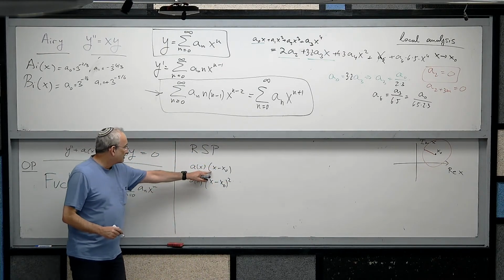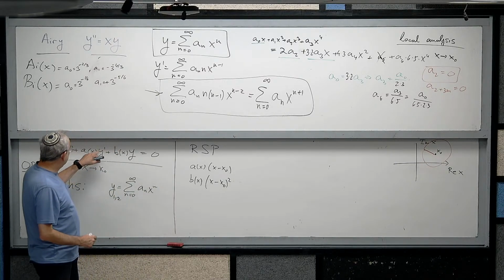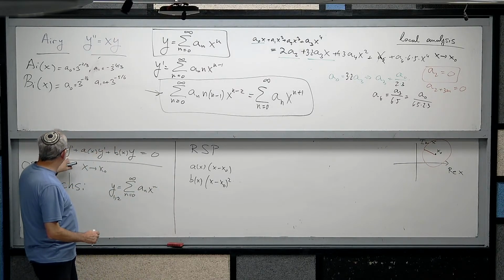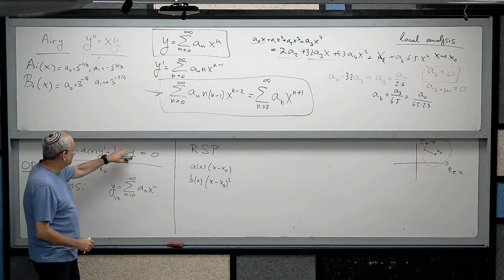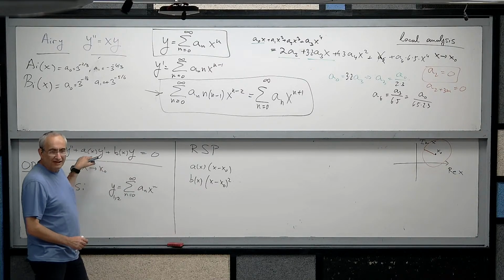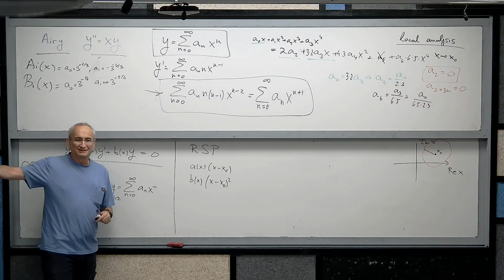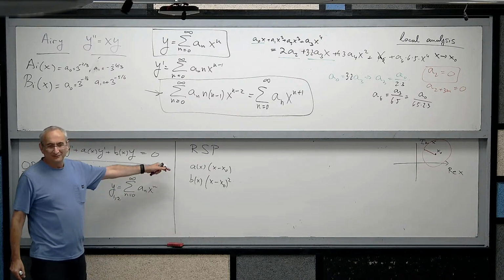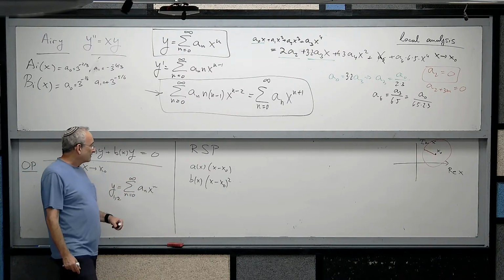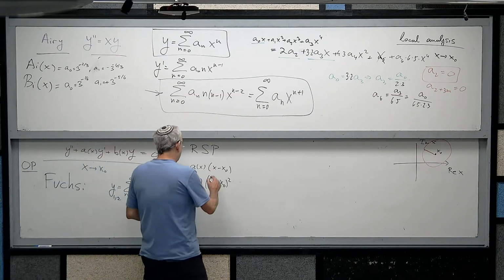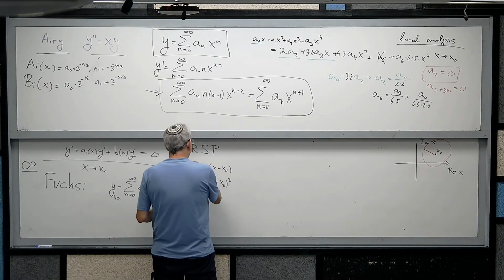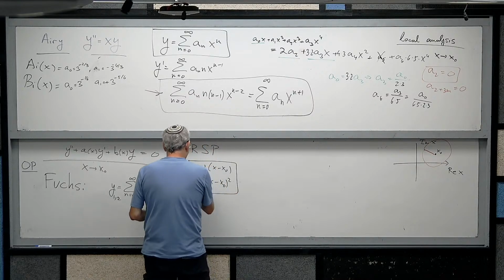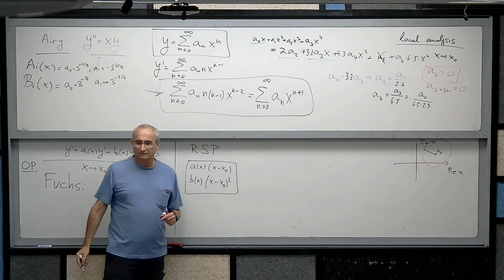You see why this is squared, right? This is a of x. This goes like 1 over x, so I multiply it by x minus x naught, and this is b of x, you see, okay? And you can generalize it to any order if you like. But either a of x or b of x is not analytic at x naught, but these functions are both analytic.